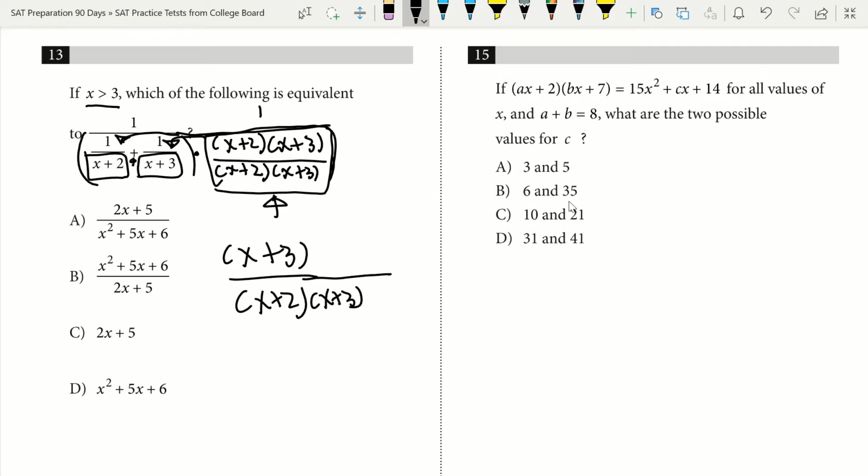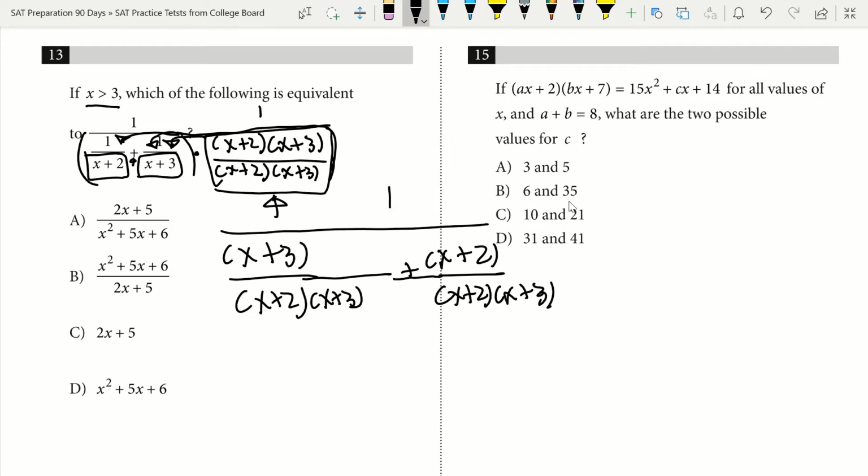And then in our next one, when we distribute it to this equation here, we know our x plus 3 will cancel, so then we'll have that much plus an x plus 2 over x plus 2 times x plus 3. Okay, now keep in mind we still have a 1 up top.